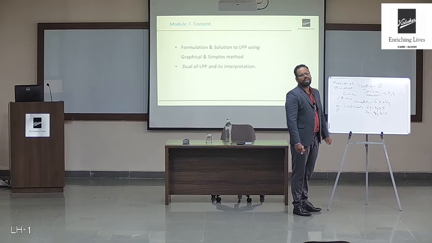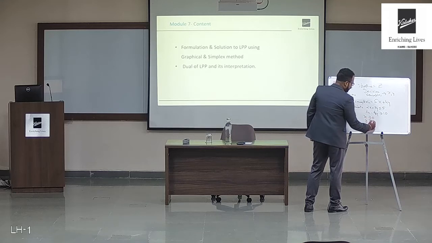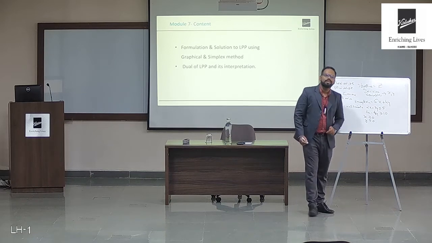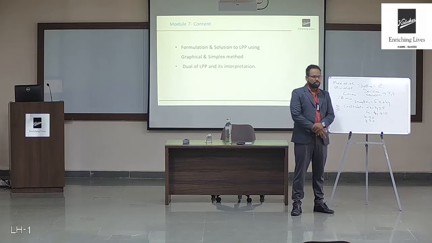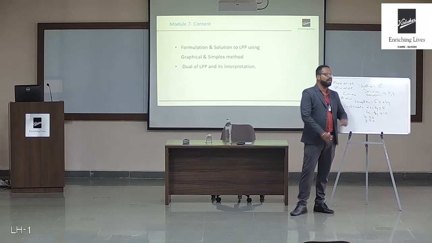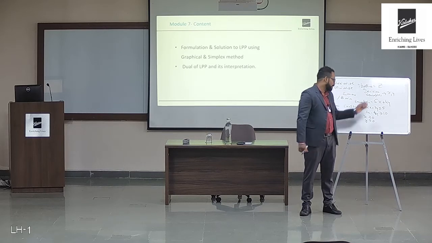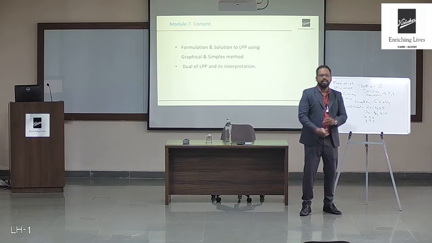It's always the case that X will be greater than or equal to 0 and Y will also be greater than or equal to 0. That means it is non-negative. It cannot be a negative number. It has to be a positive number because you're checking a scenario related to your business. And with this kind of formulation, you will be able to go ahead and solve the LPP.